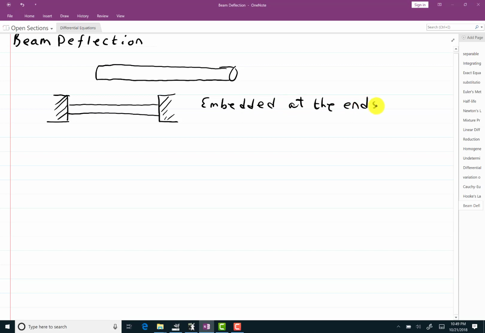We could have something that is simply supported. So we might have little blocks or something like that, and the beam is resting on top. So this might be simply supported.